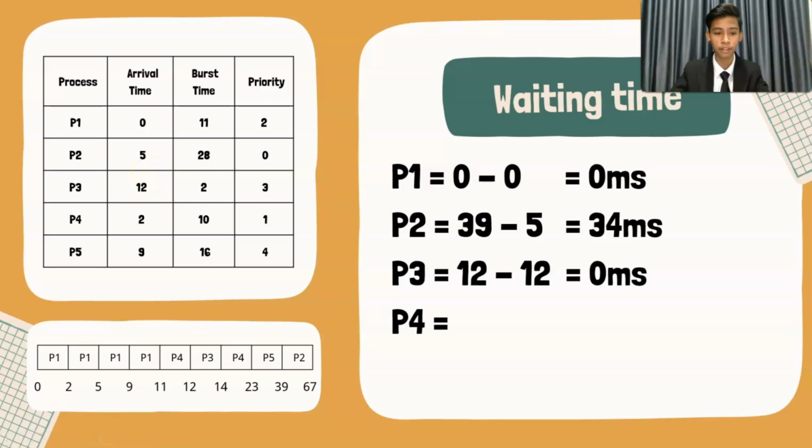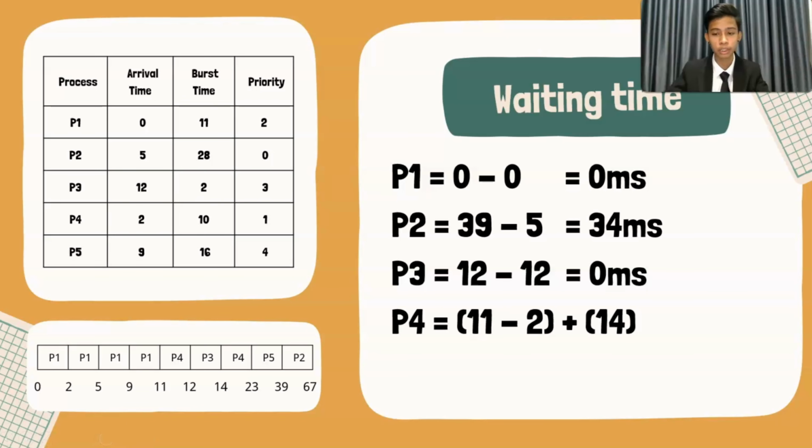For P4, however, since there are two start times, 11 and 14, we calculate the first one first, then calculate both of these and add them together. We start with the start time of P4, which is 11, and subtract the arrival time of P4, which is 2.